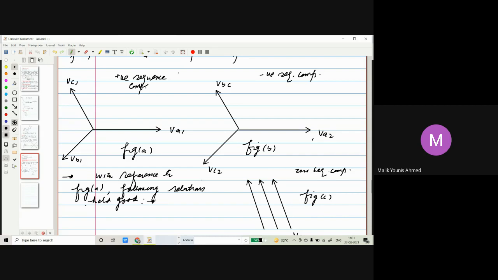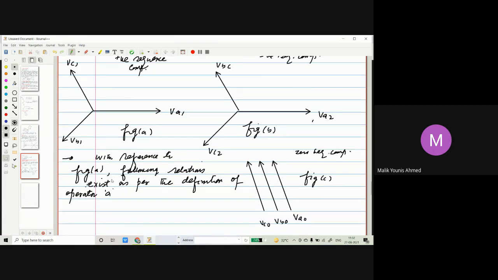Let's not write this if you do not want to. The following relations exist as per the definition of operator A. So the following relationship will exist. You can have a look here.